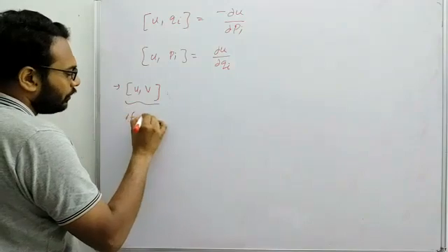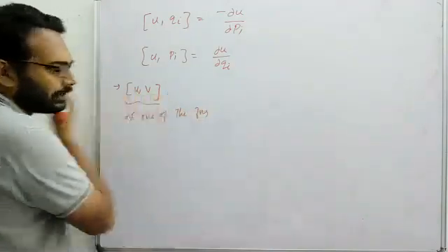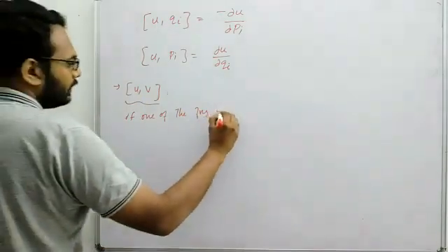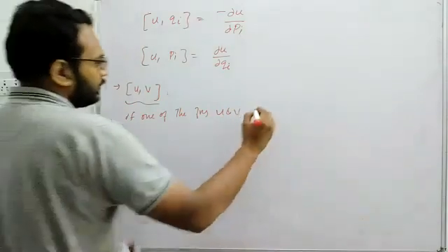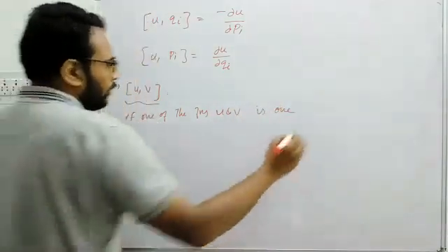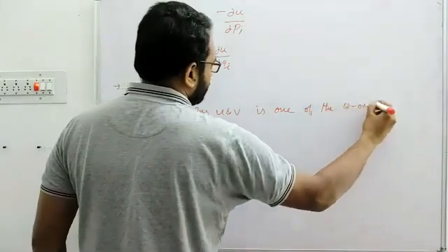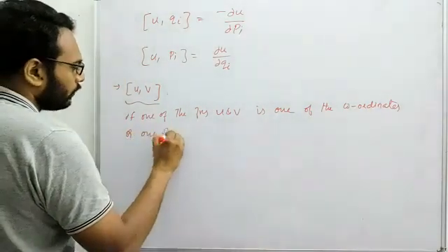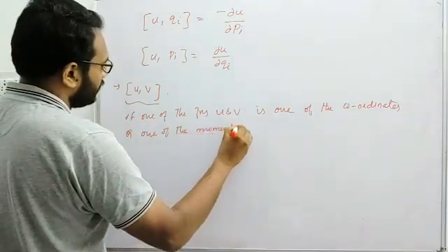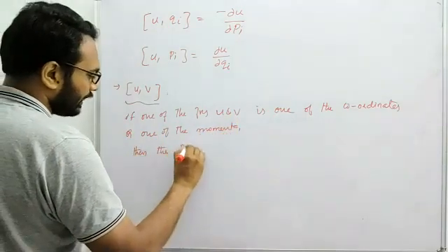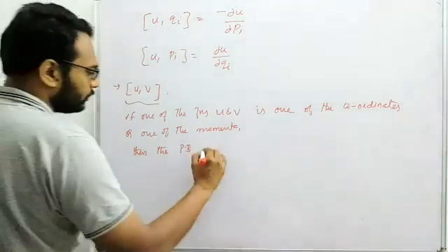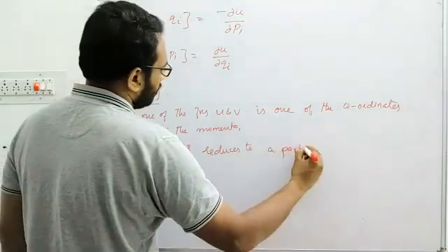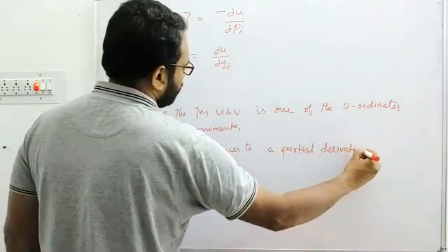If one of the functions, either u or v, is one of the coordinates or one of the momenta, then the Poisson bracket reduces to a partial derivative. This is a good result.